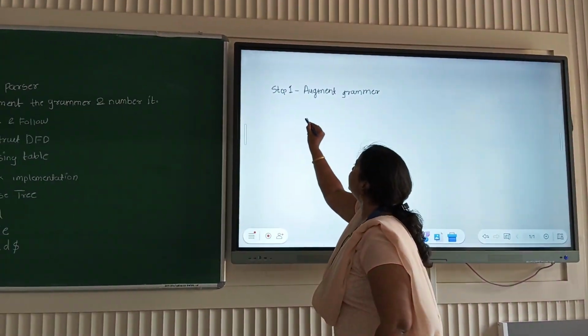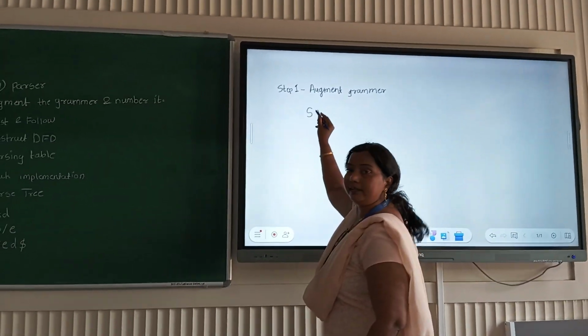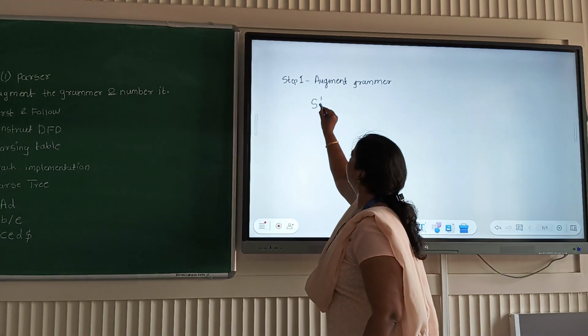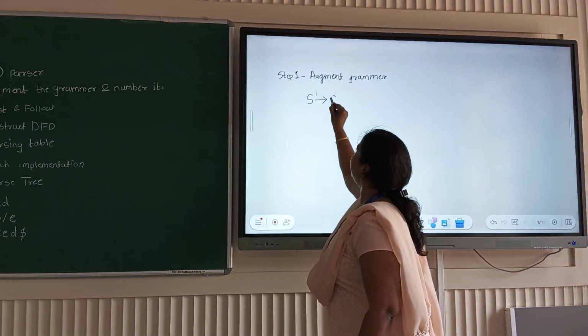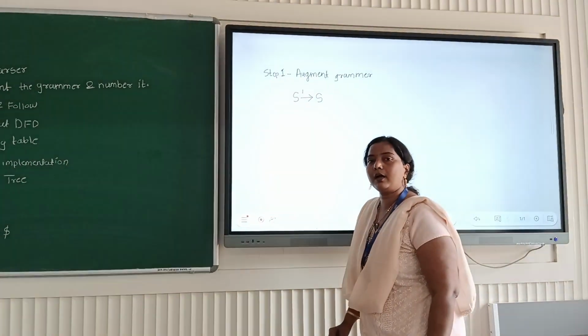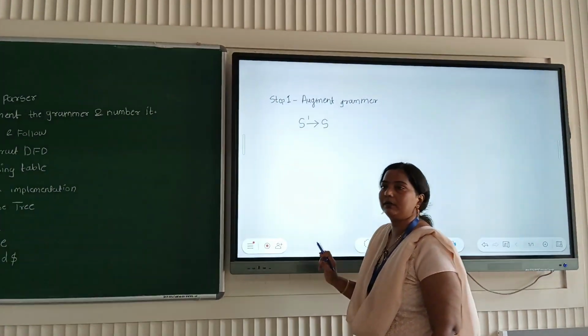Our first node is S, and take the complement of that node, and that node implies itself. This is called the augmentation of grammar.